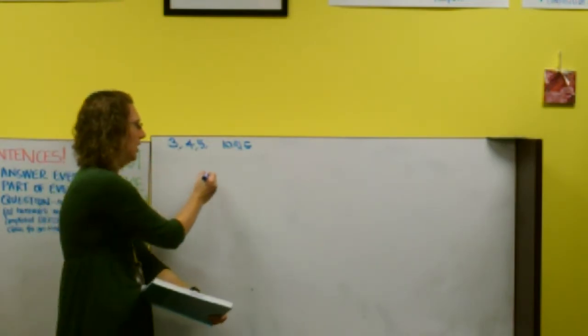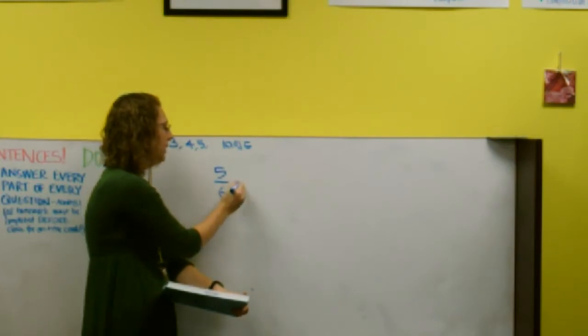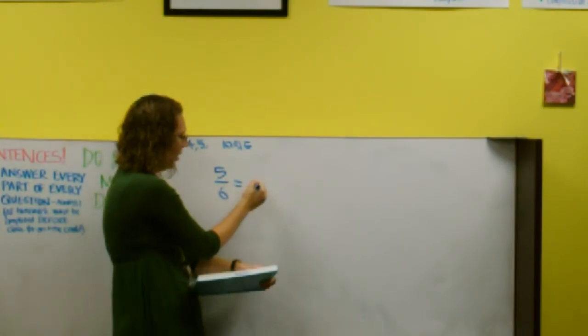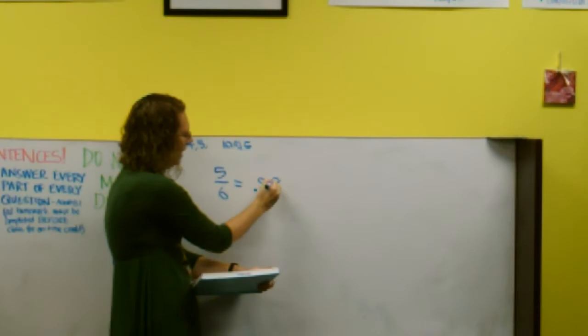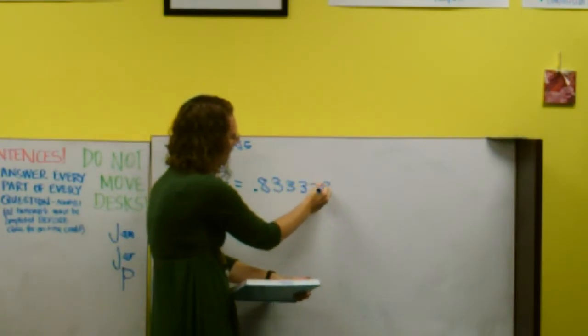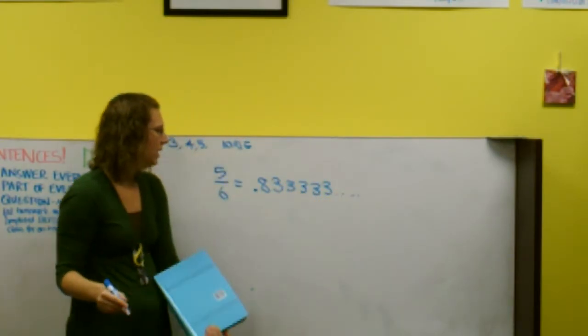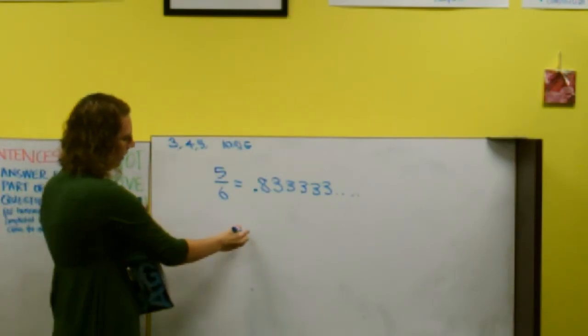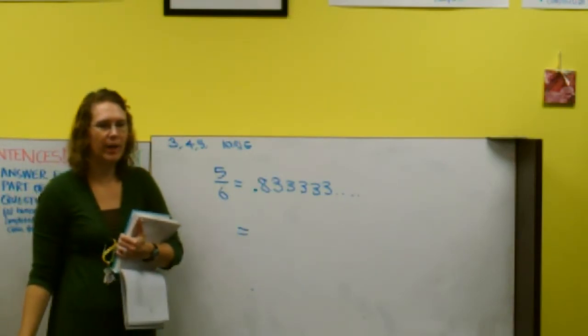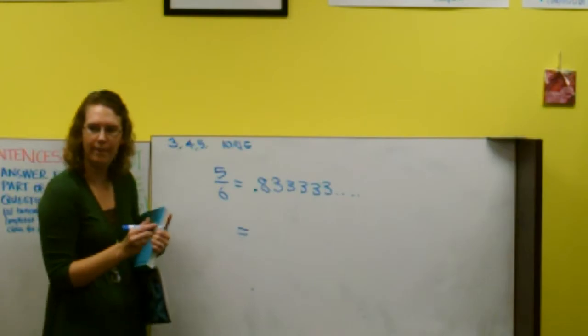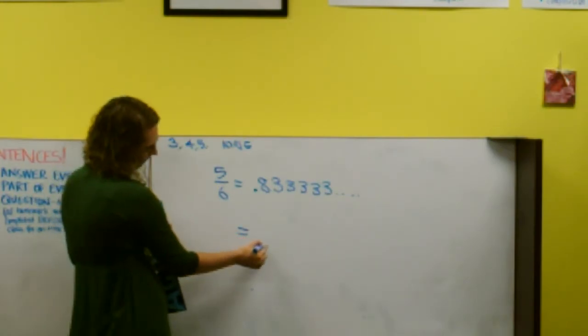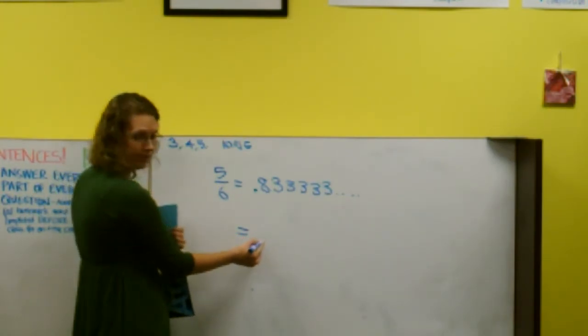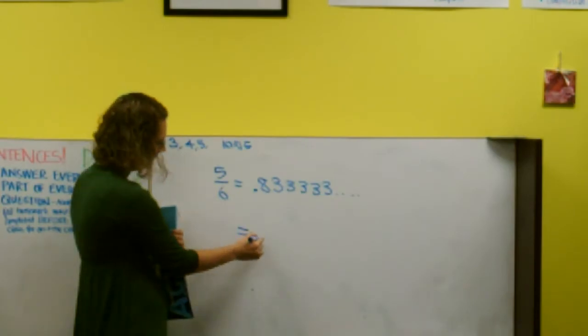Okay, for 0.833333, so for 5/6, how would we write that if we wanted to write it easily? What could I write to show this one in a simpler form? I obviously can't keep writing 3's on forever, so Jarvis, what would I put? Go ahead. 0.84.